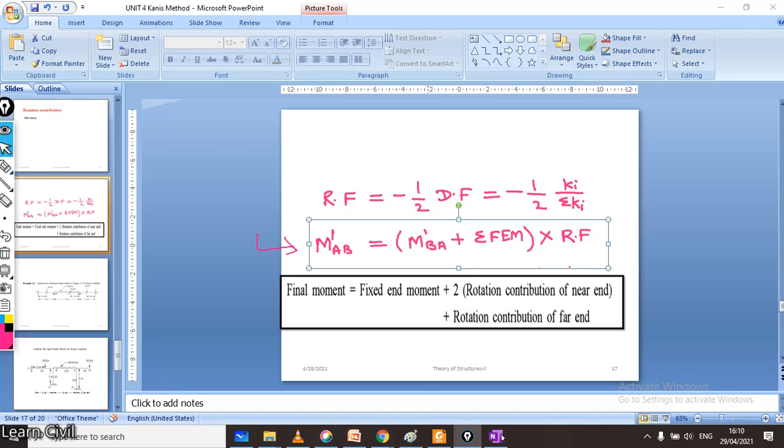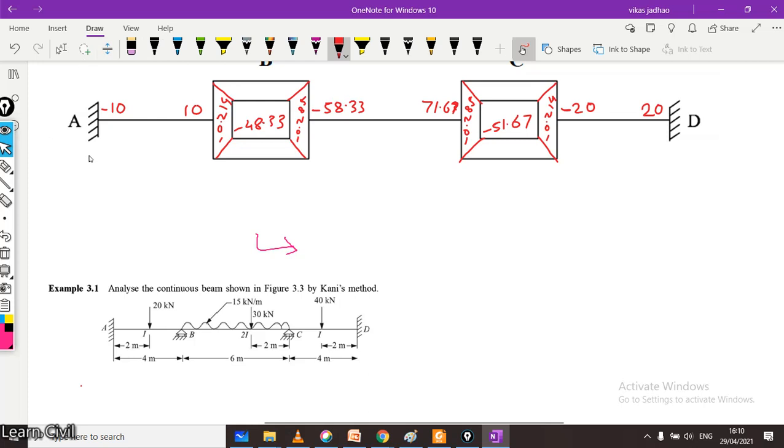So rotation contribution M dash AB is equal to M dash BA plus summation of fixed end moment, multiplied by the rotation factor which we have already calculated.